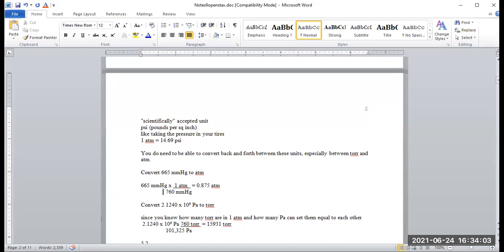The thing you are trying to cancel out goes on the bottom. So I am dividing by 760. And my 665 millimeters of mercury will become 0.875 atmospheres. So a little less than 1.